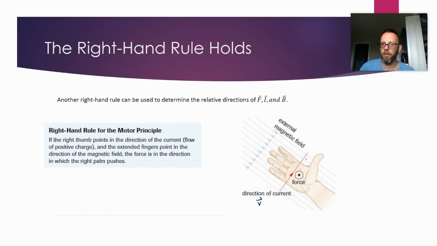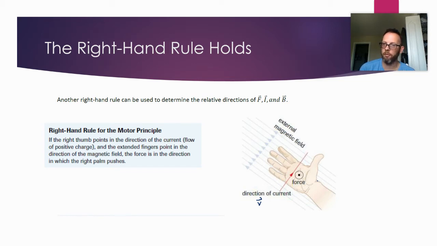And the direction of the force comes out of our hand. Remember the concept I explained earlier about thinking about an arrow and whether it's going into our page or out of our page. Think of the right-hand rule here. We've got our fingers pointing kind of to the left and up on our screen, with the direction of current pointing up and right on our screen. Which way is the palm facing? The palm's facing towards us.